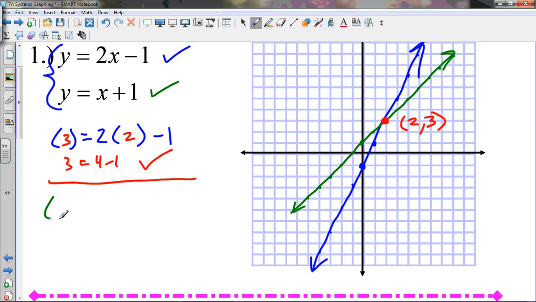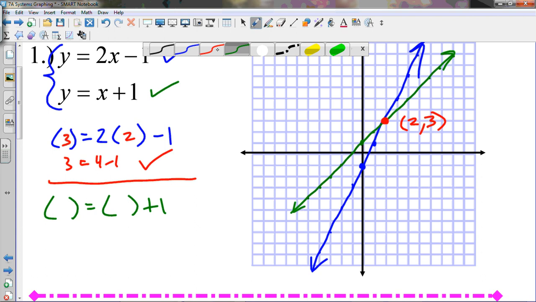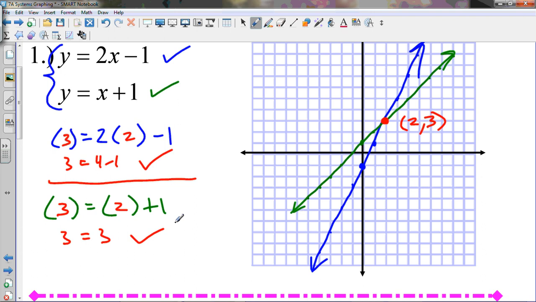So the green equation is y is equal to x plus 1. I'm going to plug in 2 comma 3. So does 3 equal 3? Yes, it does. So since it checks out with both equations, and we can see on the graph, what's the one point that is on both lines at the same time? 2 comma 3. So it's not two answers, it's one answer, one solution.